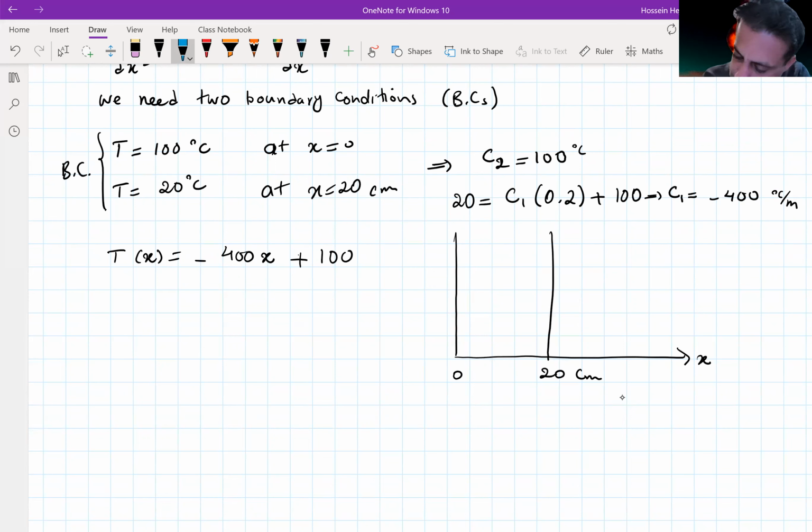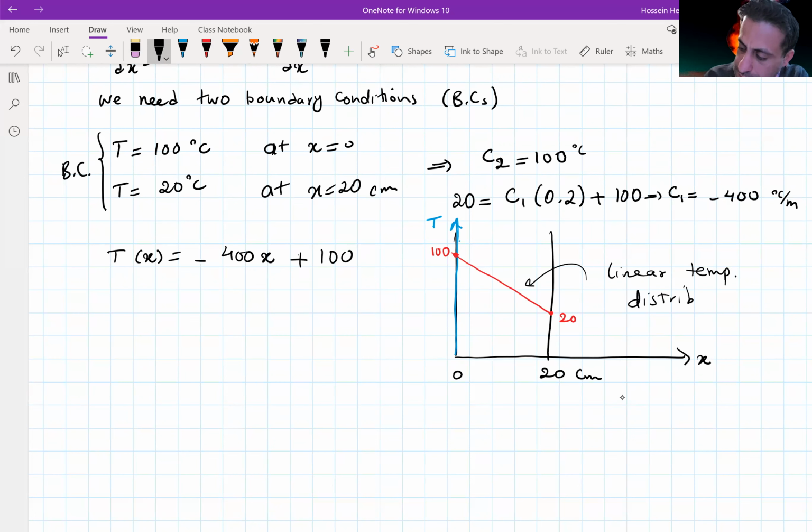And if I make this one the temperature axis T, I can plot that this is 100 and this is 20, and it's a linear line connecting these two together. So we have a linear temperature distribution in this case.